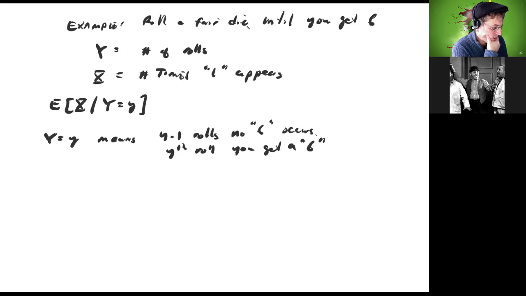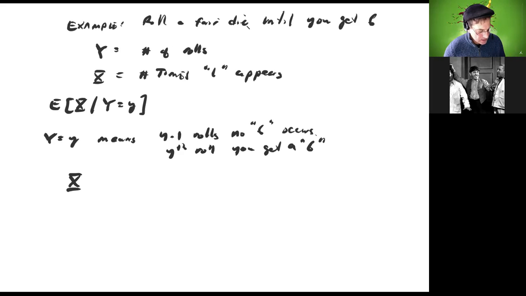That's what y equals y means. And now what is x here? x is the number of times one appears in the y rolls if you're conditioning on y equals y.